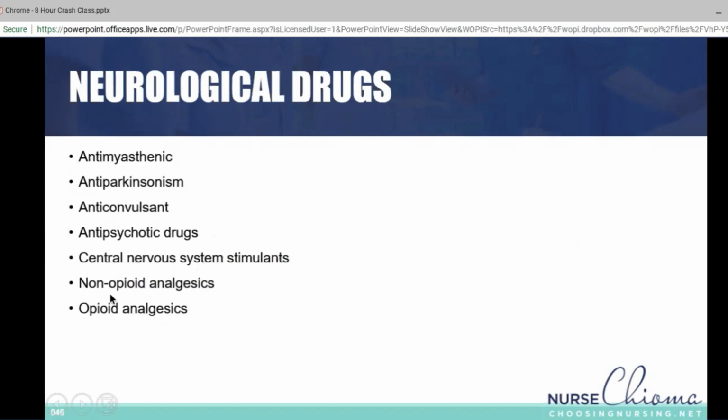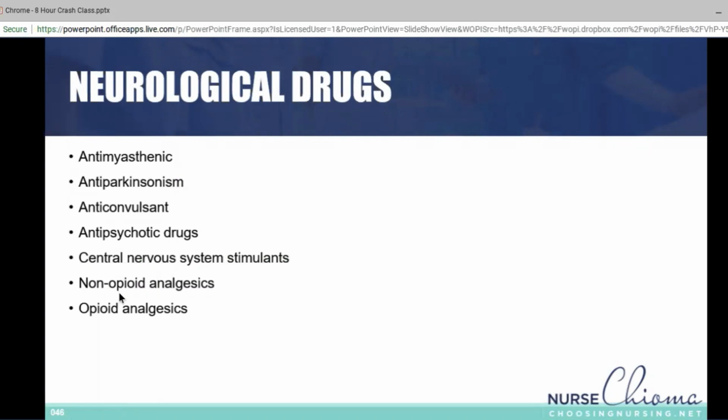These are medications that help to stimulate or increase the activity in the neurological system, which can include anti-Parkinson's medications, can include bronchodilator medications, non-opioid analgesics.